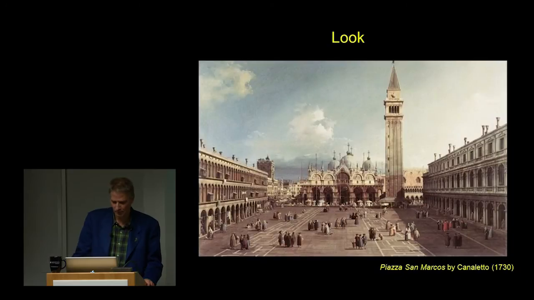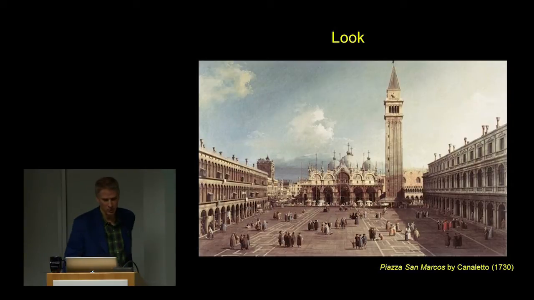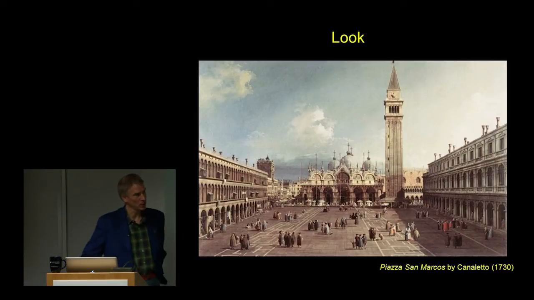This is a beautiful painting by Canaletto, one of my favorite painters. There's an enormous amount of cues hidden in this image. Of course, it's a two-dimensional image, but we can all very quickly infer the three-dimensional relationship of these objects by a whole variety of cues, including perspective cues.